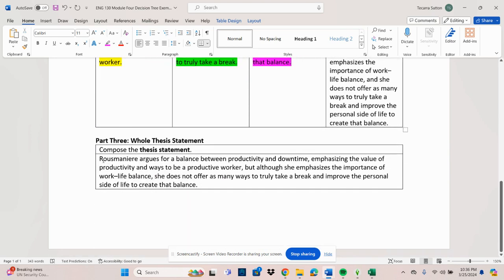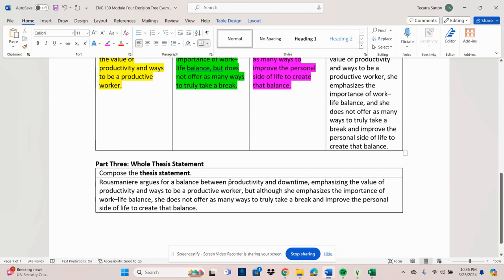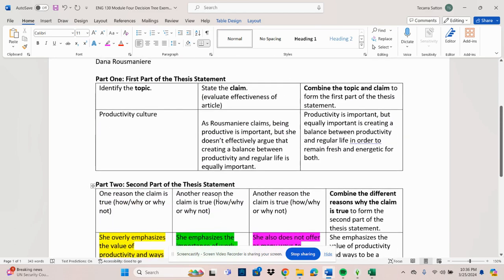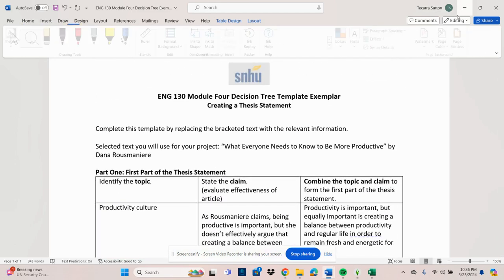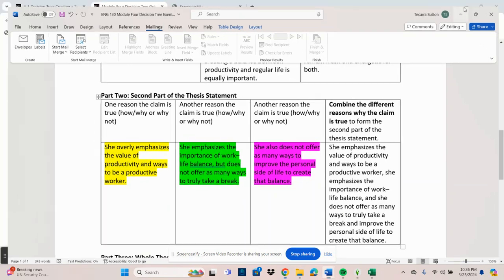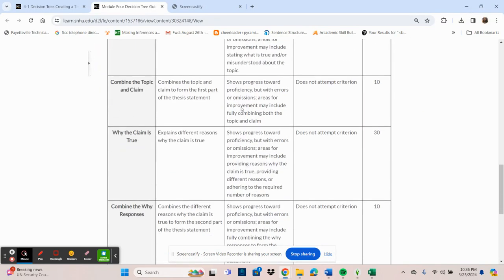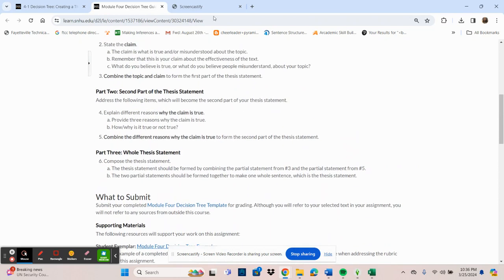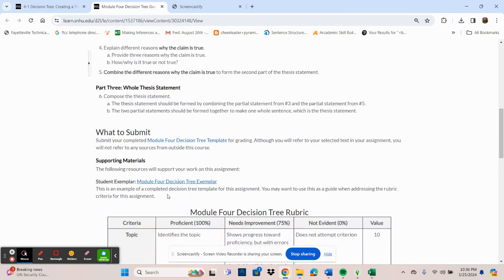Okay. And then we have all of this together. All right. So please make sure, like I said, that you do it on the template and that you also look at the exemplar here, which is an example for you to follow.